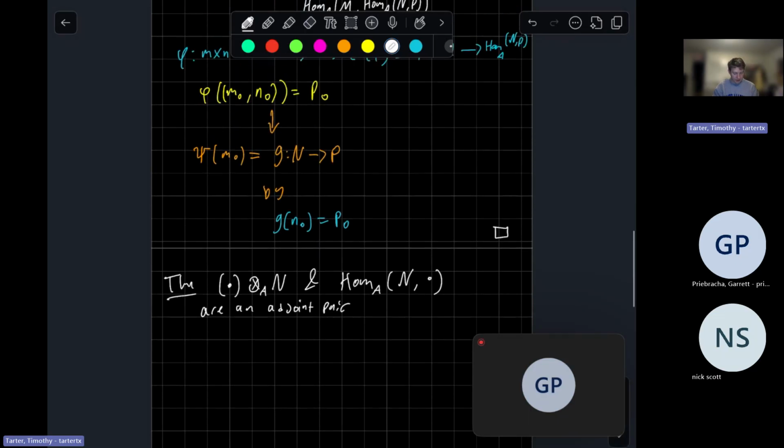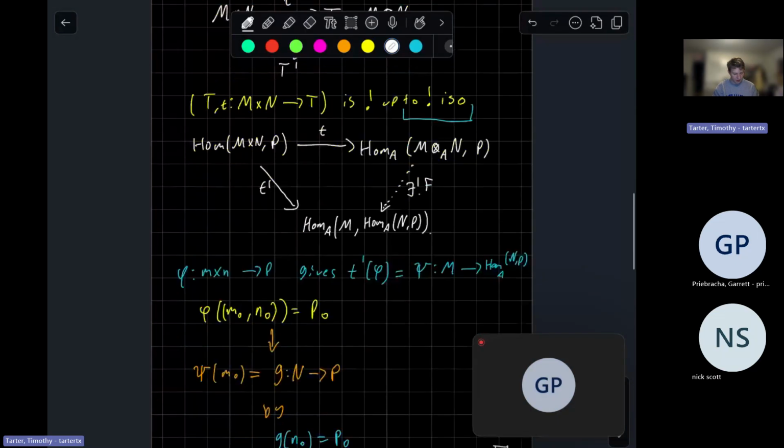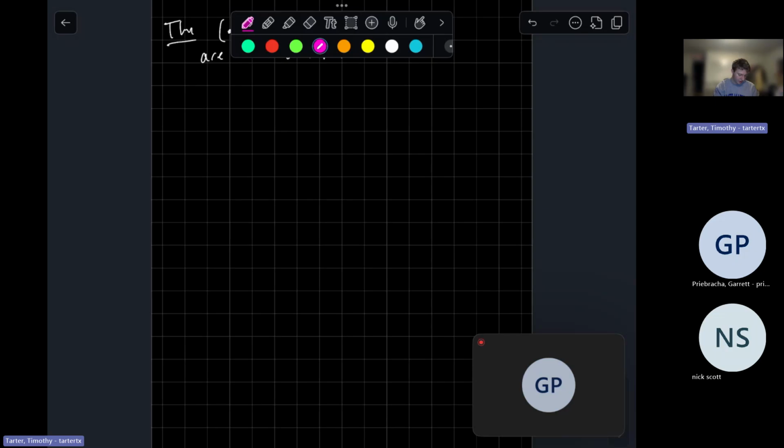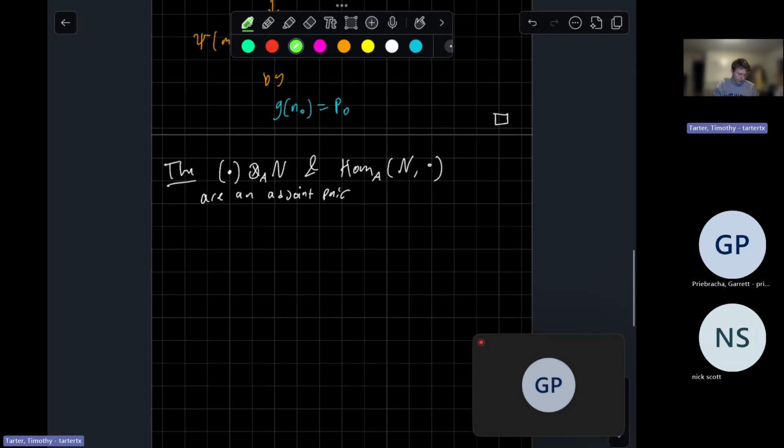And this is pretty much like saying the thing above here. So this is just kind of a restatement. But this is called the tensor Hom adjunction. Actually, I think this is a little more general. Tensor Hom adjunction.